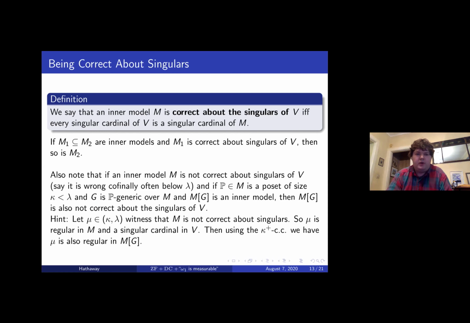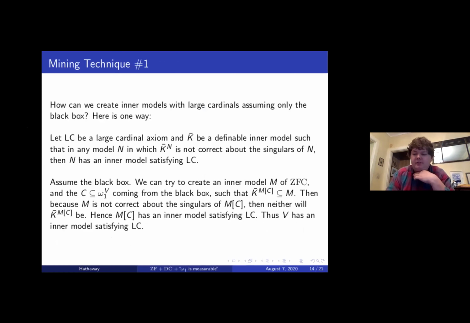Okay, so how are we going to get a large cardinal strength from the black box? So here's one way. Suppose LC is a large cardinal axiom, and K bar is a definable inner model such that in any model N in which K bar is not correct about the singulars of N, then N has an inner model satisfying the large cardinal. So let me say that one more time.